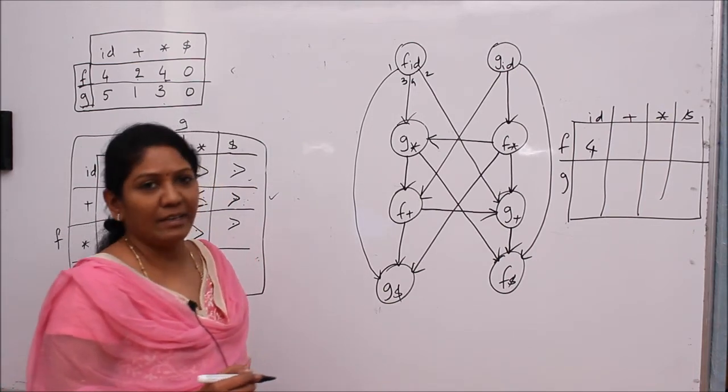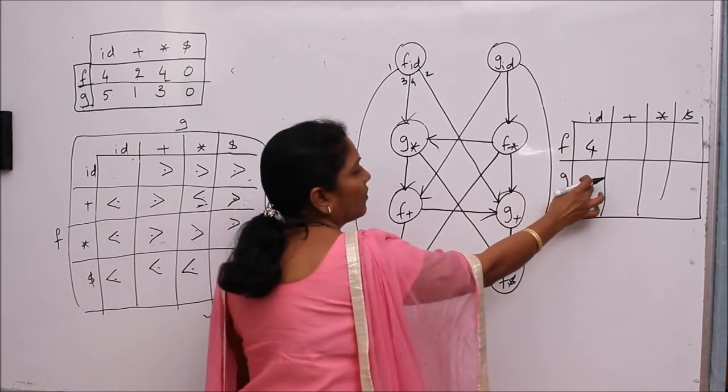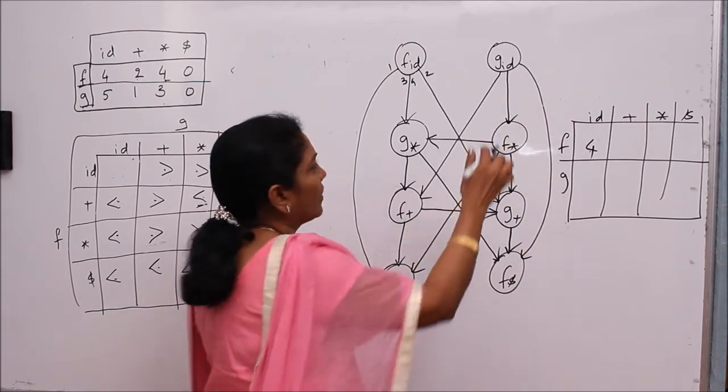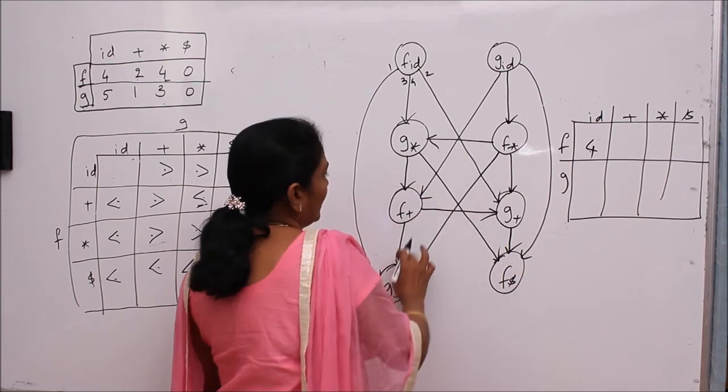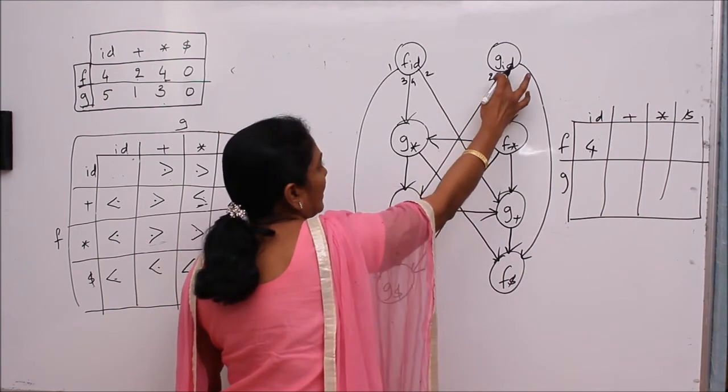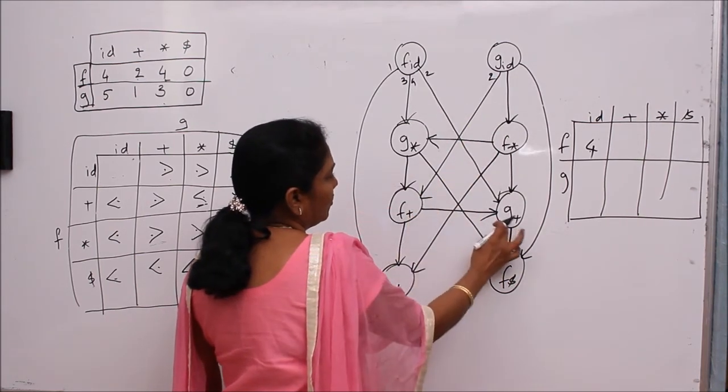Now to get G of id, start from the node GID. Look at the possibilities. If I start from here, it is 1, 2, 3.